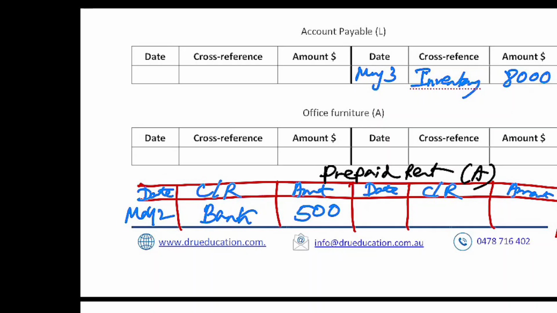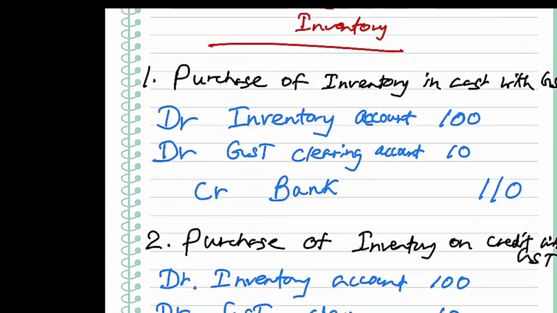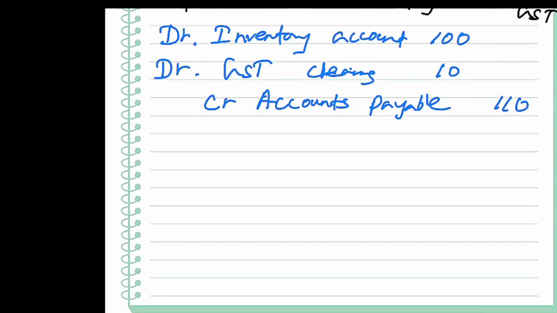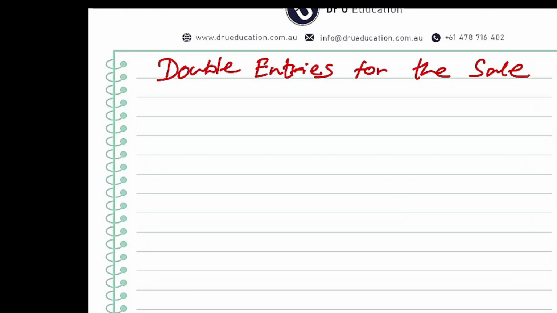Okay, please take down the next subtopic, guys: double entries for the sale of inventory.